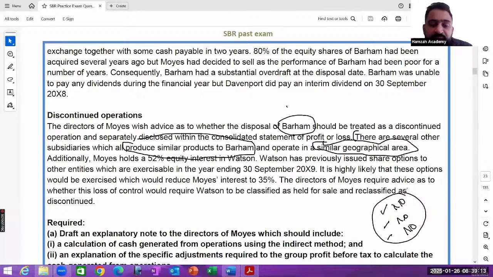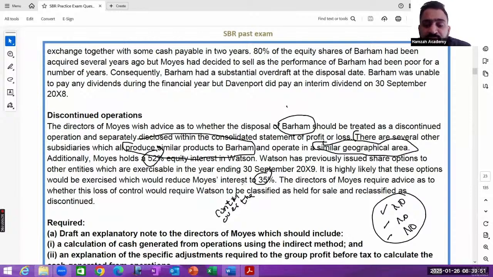And the reason is that M is not selling the company. It is basically due to a change in share capital, or you can say restructuring of share capital. Your percentage, which was previously 52%, has become 35%. And when you decrease from 50 to 35, you basically lost the control over Watson.